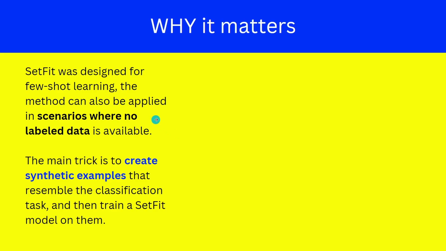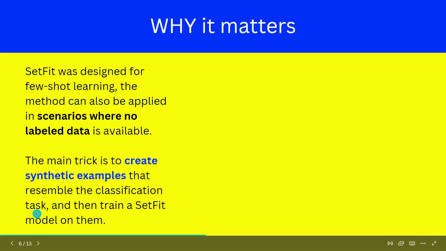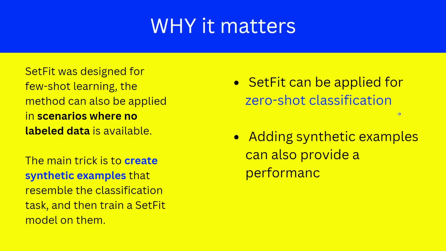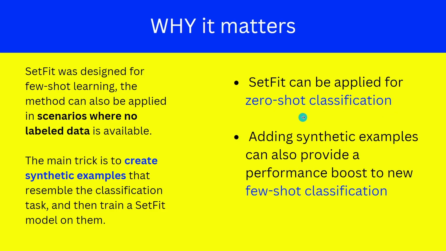And then we want to have a model that is trained on some data we do not have. So what we do is we create synthetic examples, synthetic data sets that resemble the classification task and then train a SetFit model on this synthetic data set. Now the interesting part is this methodology can be applied for zero-shot classification.